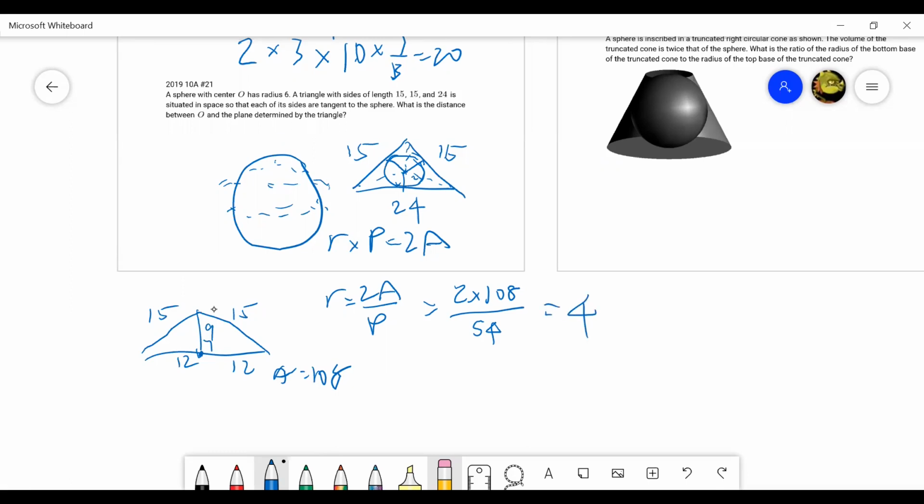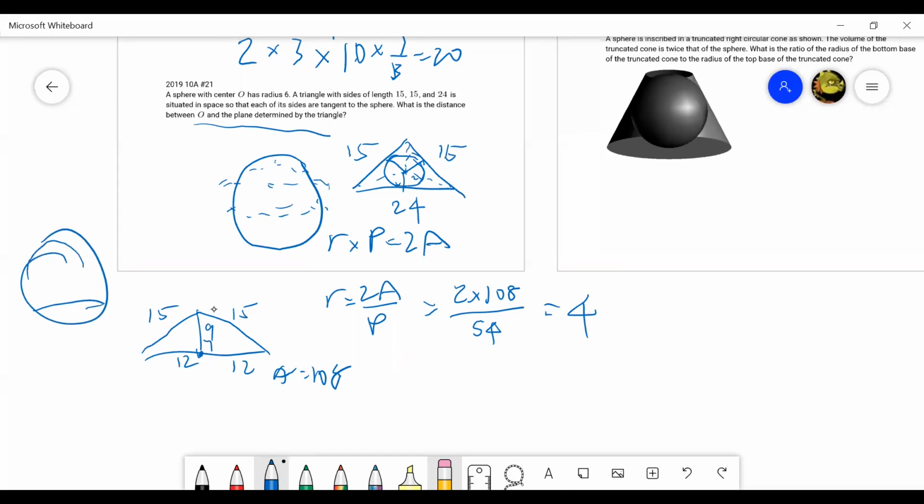All right. So now that we know the radius, we can find the distance between O and the plane. So what does this mean? You can think of this like a circle and a chord.